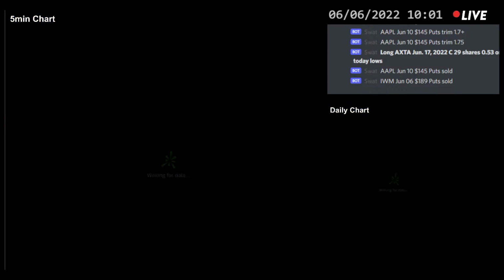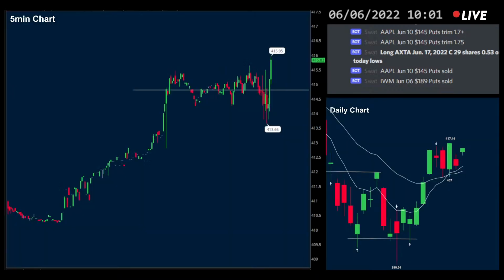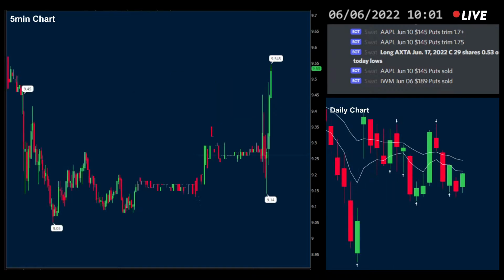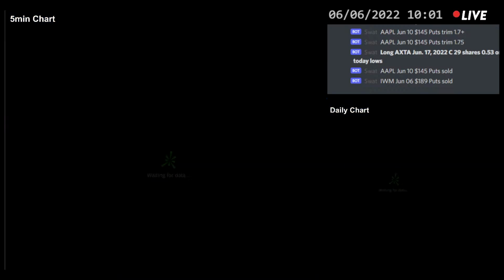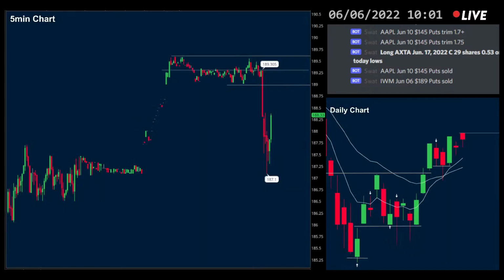SPY bouncing. Wood, nice move on wood, guys. IWM bouncing now.